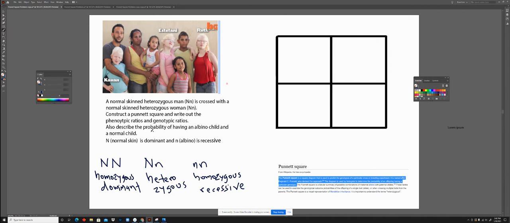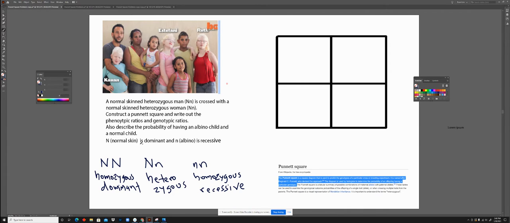Probability refers to chance, which is written out as a percentage or as a fraction, which I'm going to go over right now. Normal skin is dominant, and little n, albinism, is recessive. If you read the other assignment, albinism follows an autosomal recessive pattern. That means you need two of the defective genes to have the recessive trait, in this case albinism.